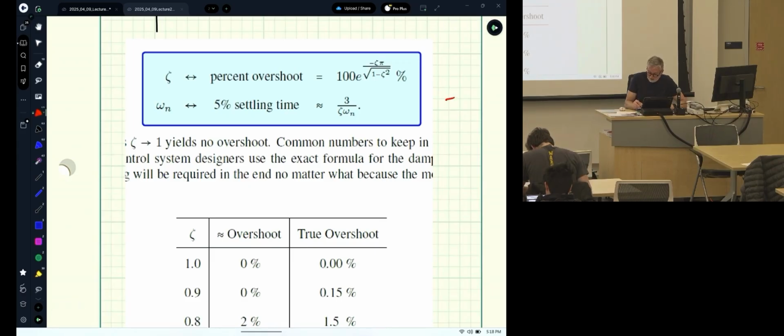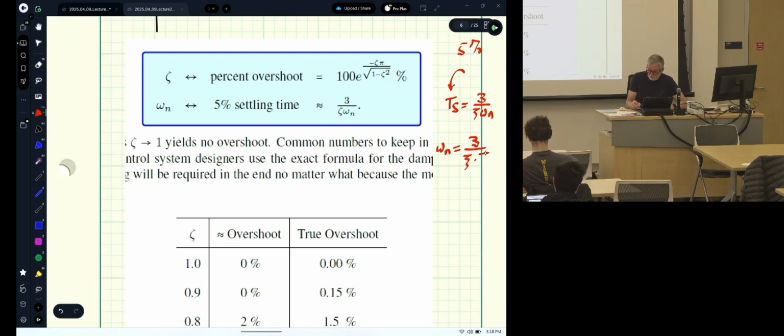So you have TS is 3 over zeta omega n, and this is the 5% settling time. The omega n you want is just 3 over zeta times TS.